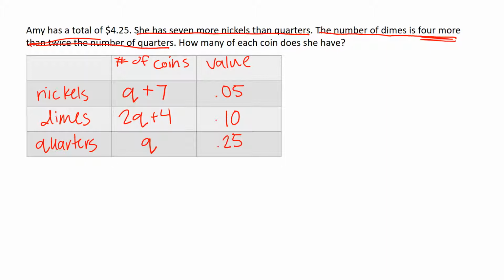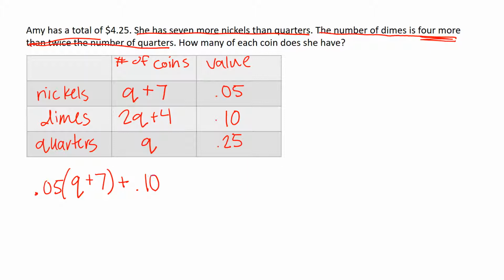Awesome. So now we have our information all organized, and now let's write an equation using this information. So we have Q plus 7 is our number of nickels times the value of a nickel is going to give us the amount of money that we have in just nickels. So we can do the same thing with our other coins.